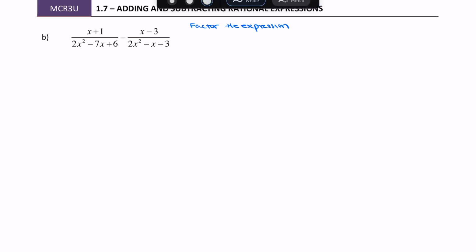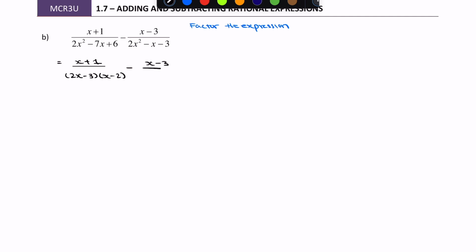So if we factor out the expression, we'll be given x plus 1 over, so here 2x squared minus 7x plus 6. Factor that out, we'll get 2x minus 3 and x minus 2.